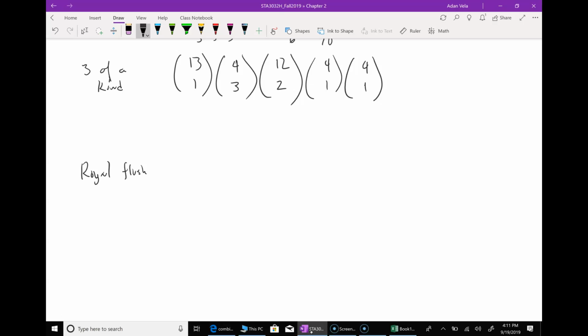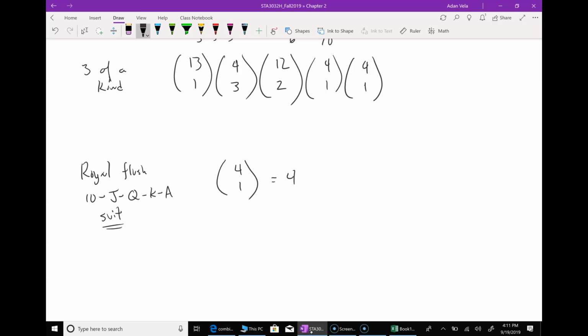A royal flush has to start with 10: 10, jack, queen, king, ace. The only choice that we have is the suit. And so the number of ways that we can get a royal flush is 4.